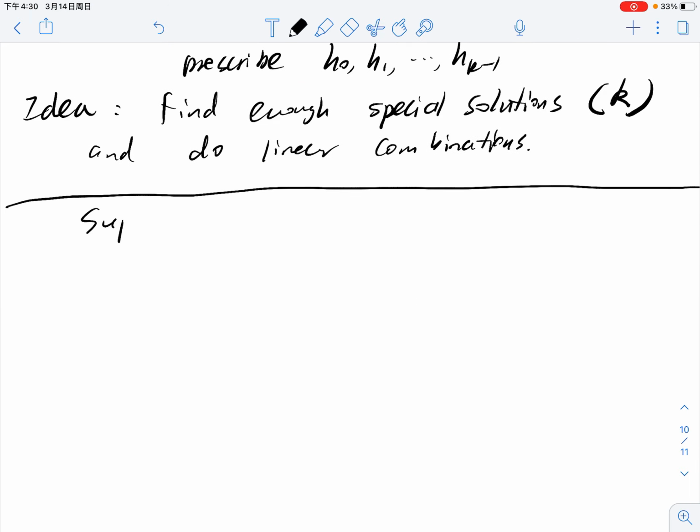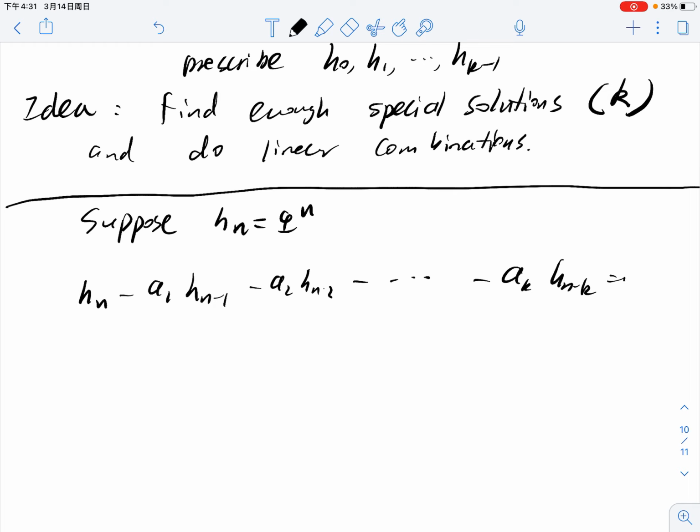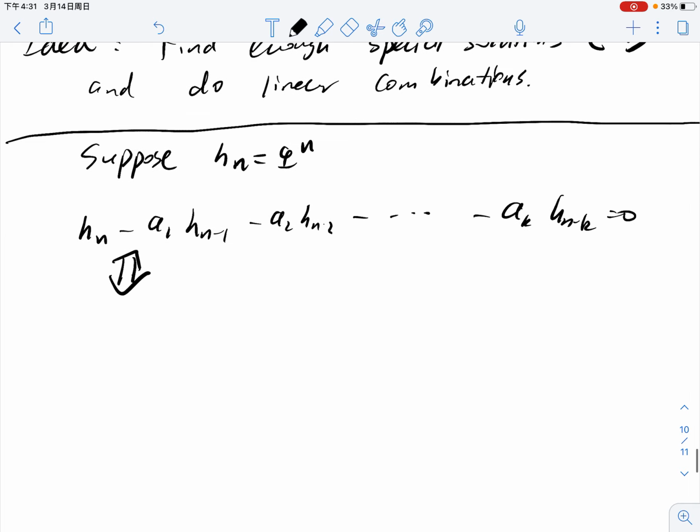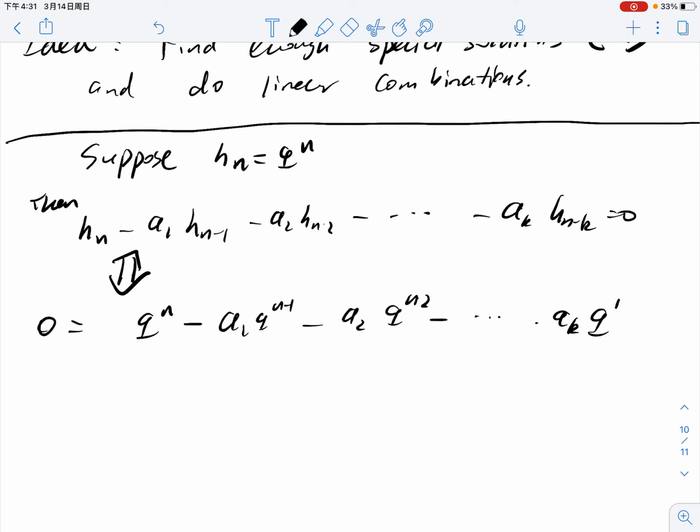And as I said before, you don't have any other choice. Let's assume the special solution takes the form Qn, and then you plug in the relation. You will have Qn equals A1 Qn minus 1 plus A2 Qn minus 2 plus all the way to Ak Qn minus k.